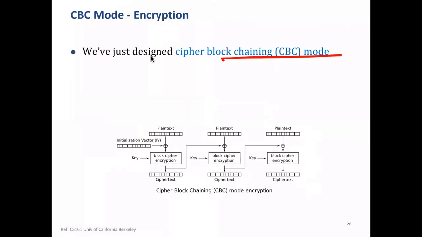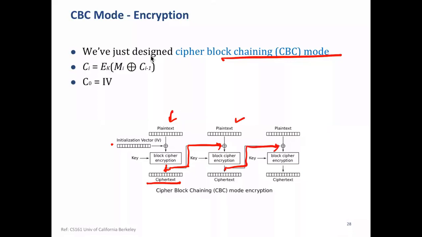You take the initialization vector, exclusive OR with the first block, and whatever output you get, use that output as a randomization input, and exclusive OR with the next plain text, and so on. Similarly here.